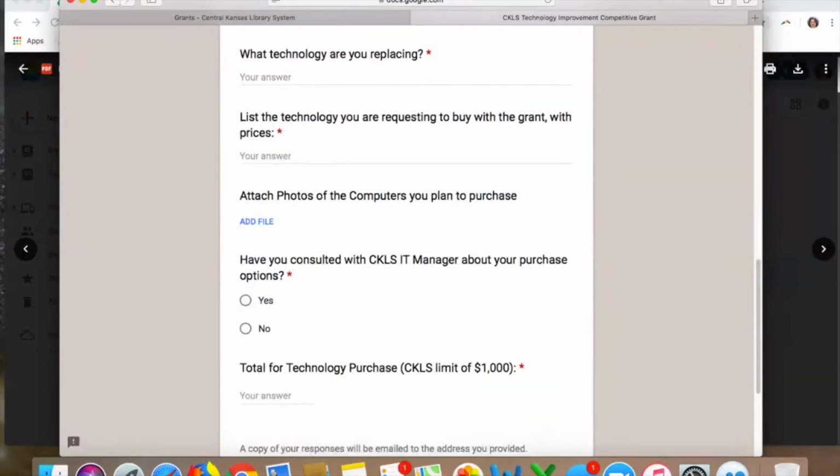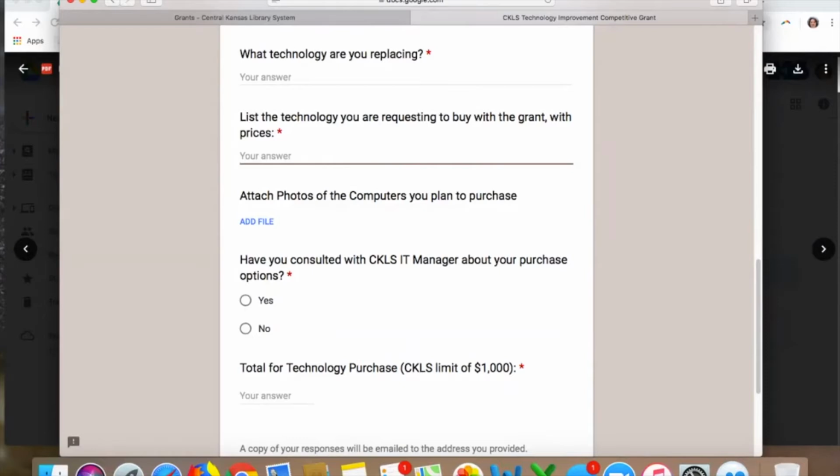And then when we ask what technology you're replacing, be as specific as possible. That helps Andy and I, since we know your computers, know which one you're talking about. And when you talk about the technology that you're requesting to buy, be specific. If you're getting a Dell computer, we need to know all that detail.